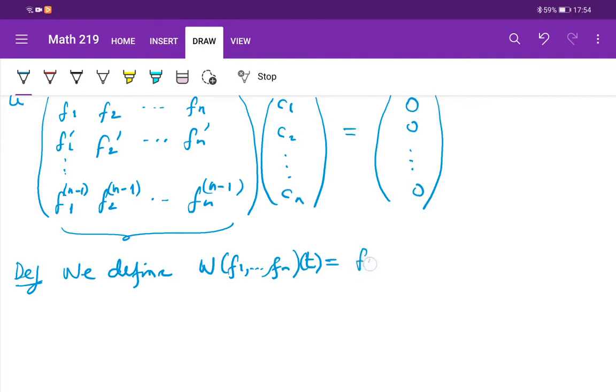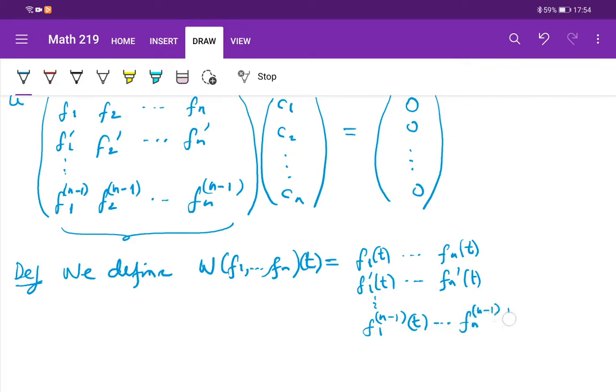So it's f1(t) up to fn(t), then f1 prime(t) up to fn prime(t), up to the (n-1)th derivatives f1^(n-1)(t) up to fn^(n-1)(t).